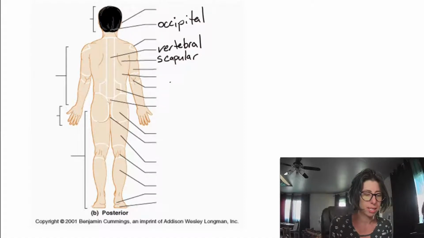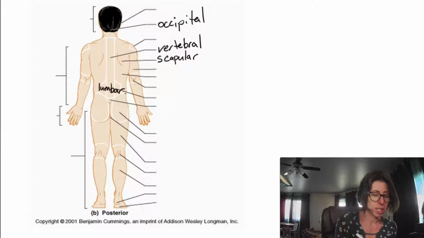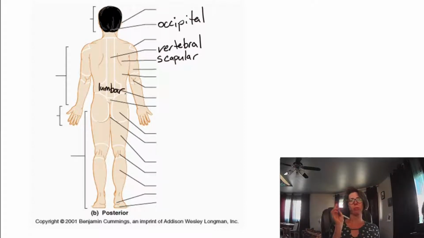Let's do lumbar. So you have three different kinds of vertebrae. At the top, you have cervical vertebrae. In the midline, you have thoracic vertebrae. So cervical, neck vertebrae, thoracic, like chest region vertebrae. And then your lower back has lumbar vertebrae.